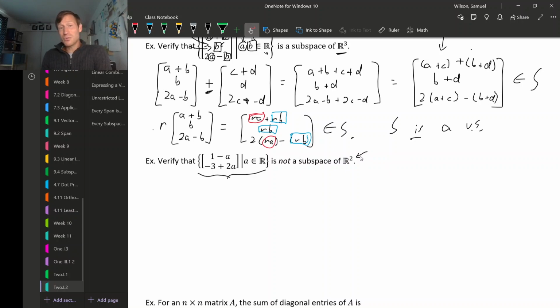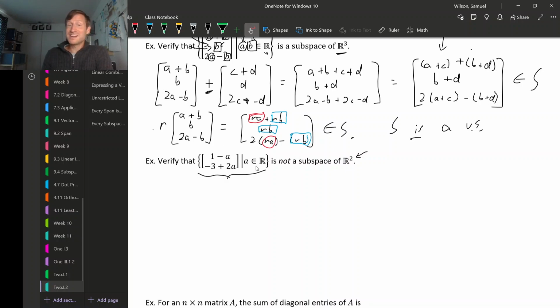So the things that we might check to verify that this is not a subspace: we might check if it's closed. We might hope to come up with an example showing that this isn't closed under vector addition.